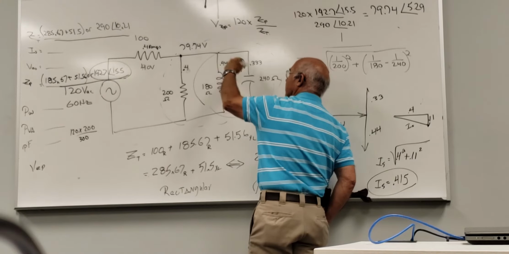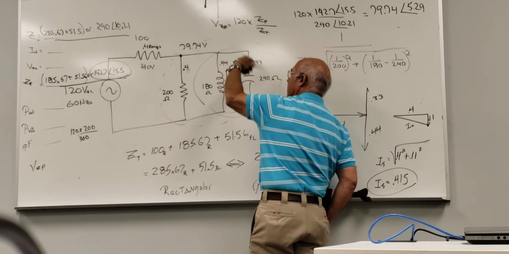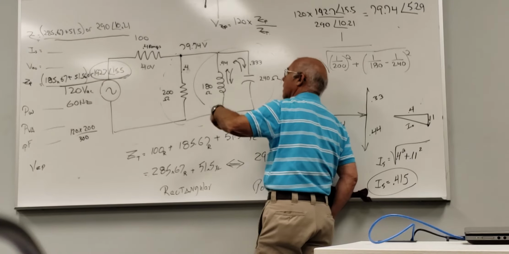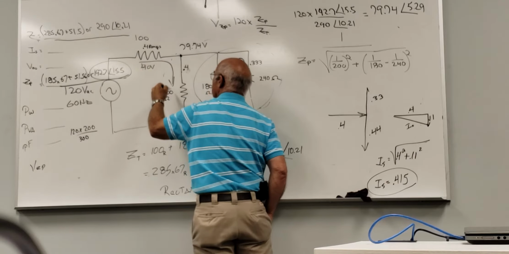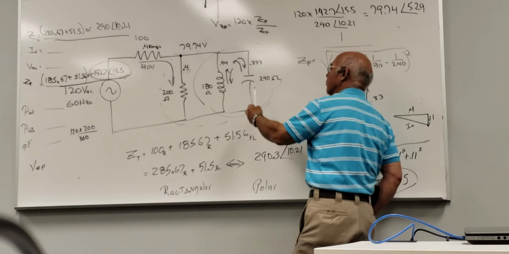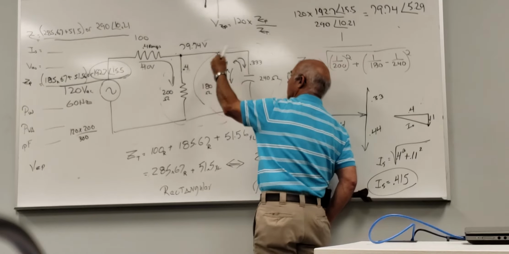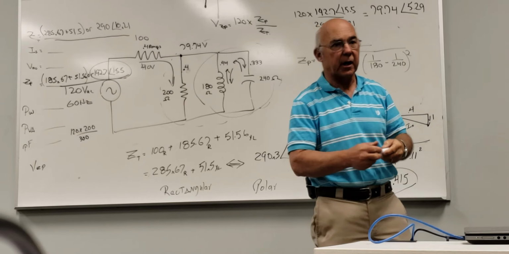So all they do is share current back and forth, back and forth. It's like they ain't even there. All the current from the source is just flowing through resistors. What little bit flows over here is just enough to keep the circulation going. That's like a swing set.